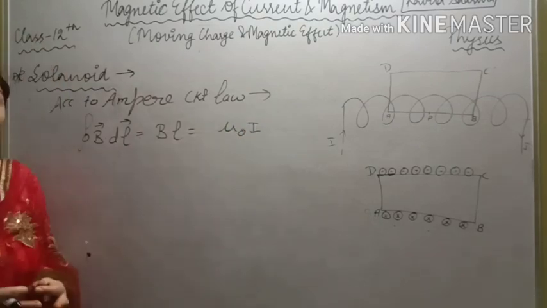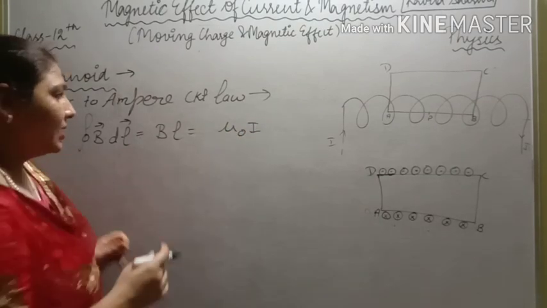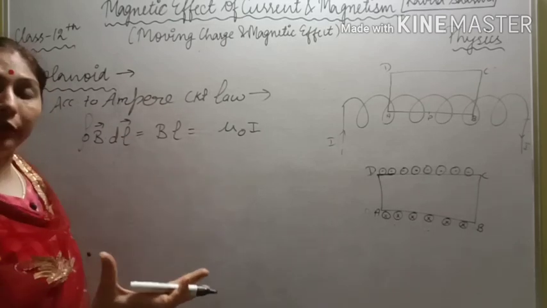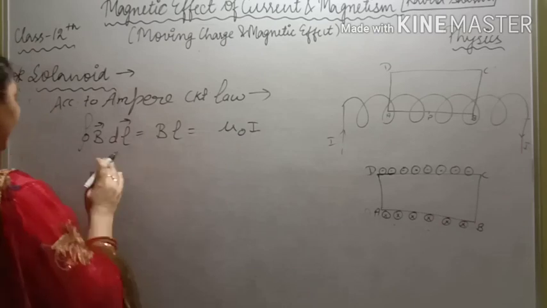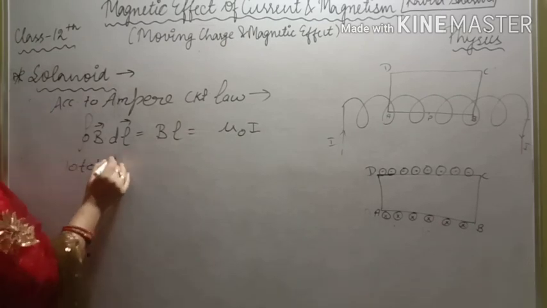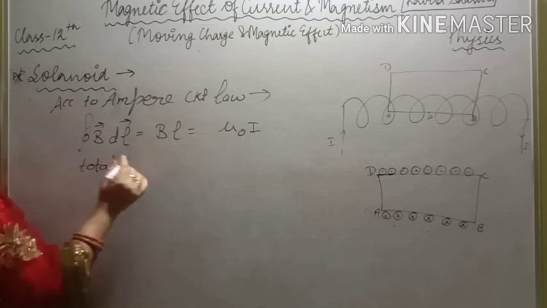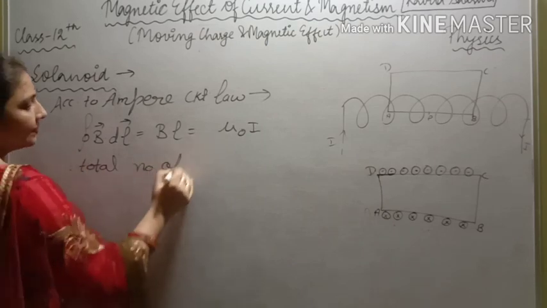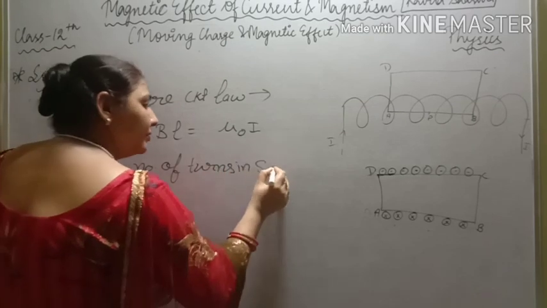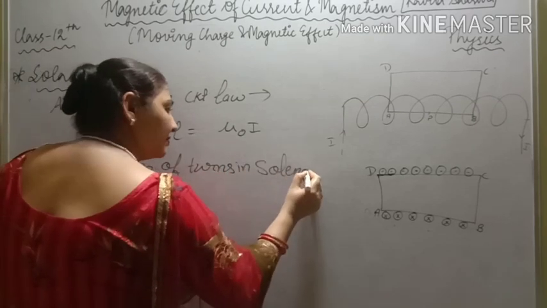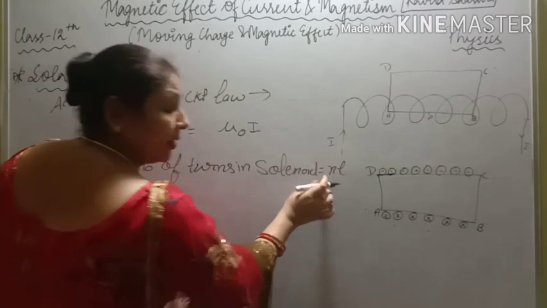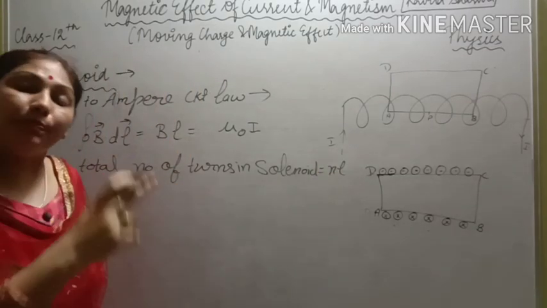We know that the solenoid has number of turns n per unit length. It means the total number of turns in the solenoid will be equal to n into L, because n we took as the number of turns per unit length.